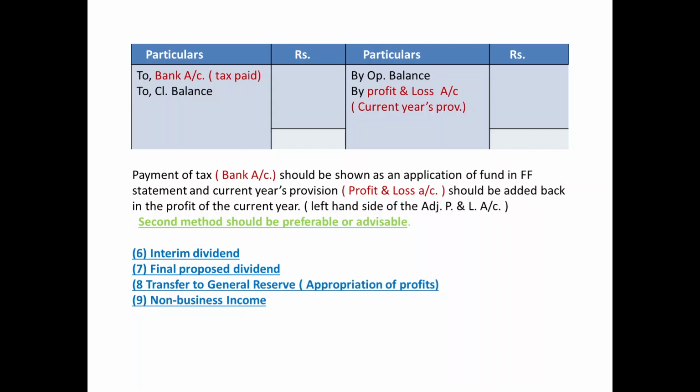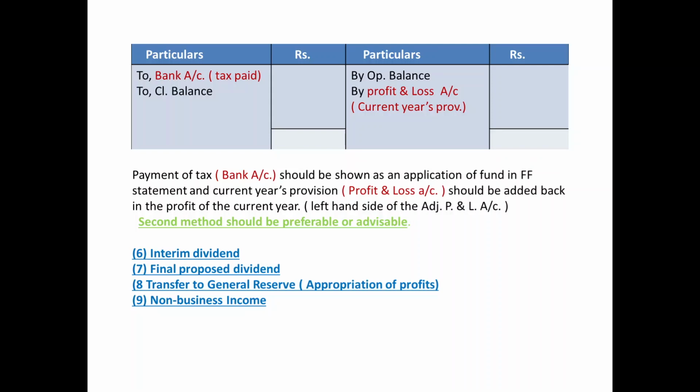So payment of tax should be shown as an application of fund in the fund flow statement, and the current year's provision taken out from the profit and loss account should be added back as a non-cash item in the current year's profit, that is on the left hand side or debit side of adjusted profit and loss account.